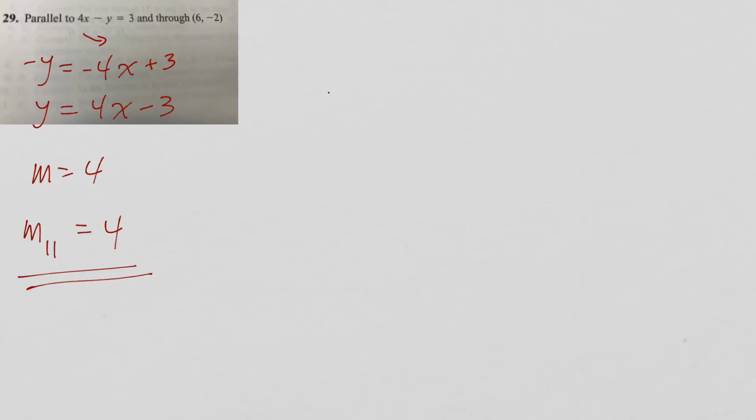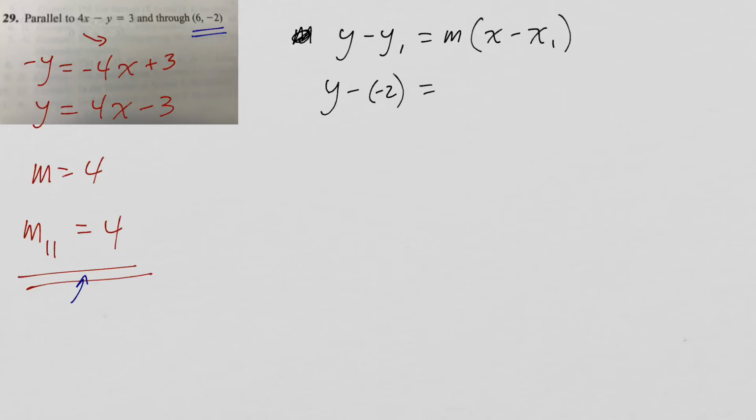And now I'm going to use this point and this slope to put it into point slope form. So y minus y1 is equal to m times x minus x1. So y minus a negative 2 is equal to 4 times x minus 6. That's using that point and that slope.